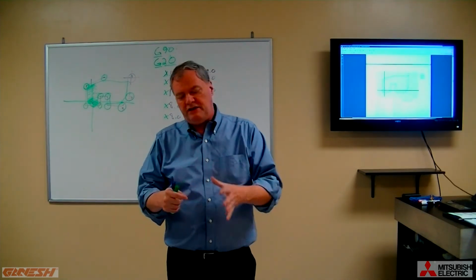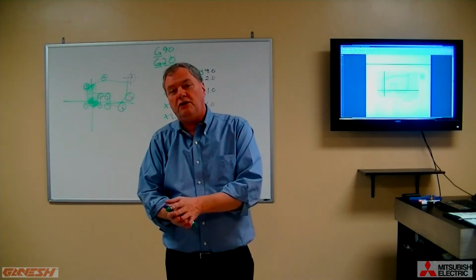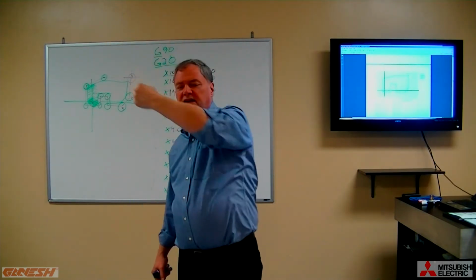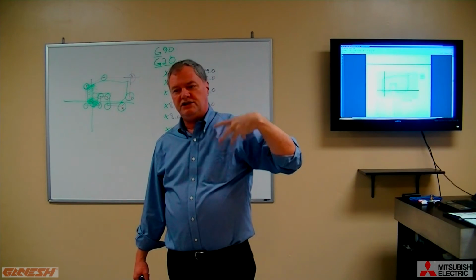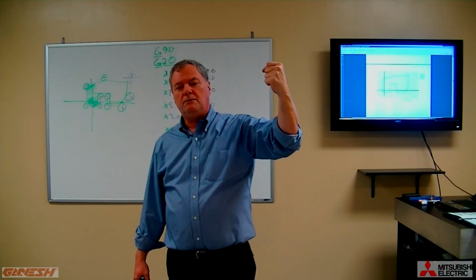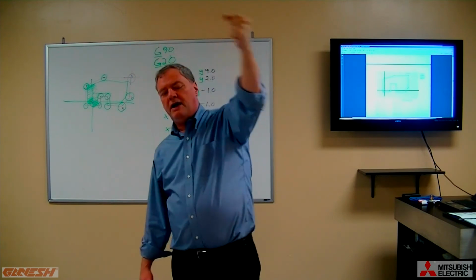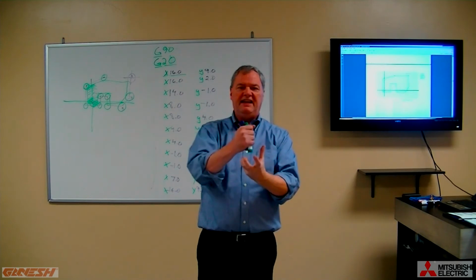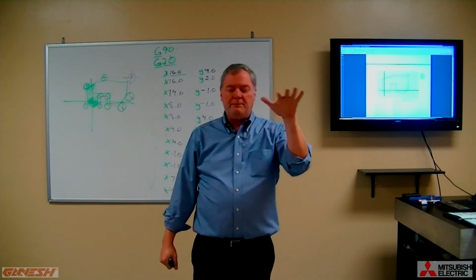So your machine either has the tool in material doing cutting work, or the tool positioning itself, getting ready to cut, with no material engaging the tool, in which case we can move it around as fast as we can because the tool will be in the air, it won't be in material. Call that rapid movement.